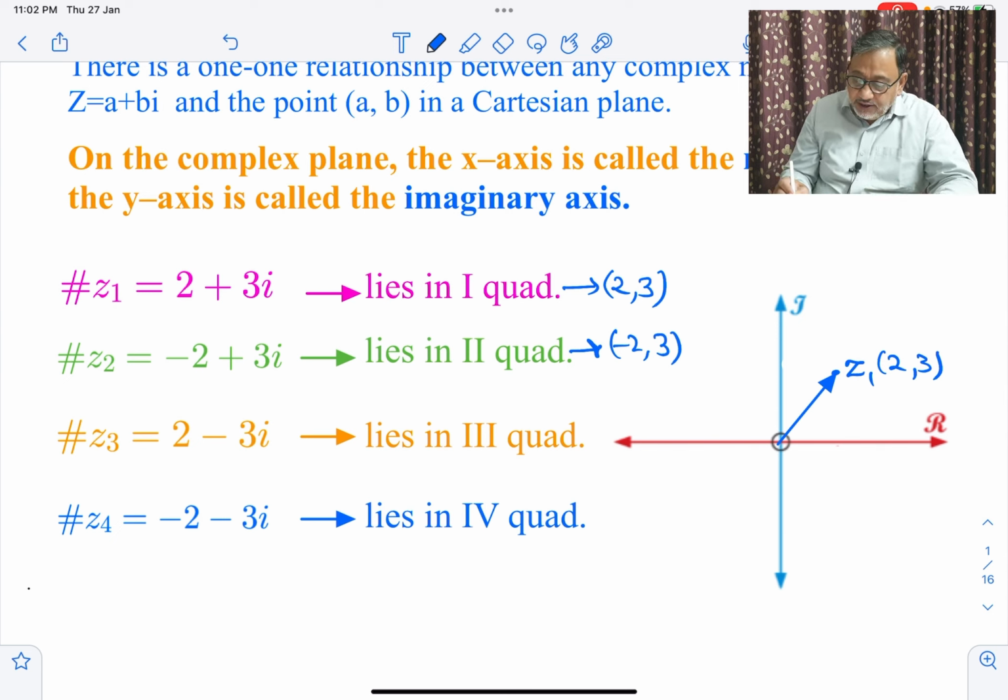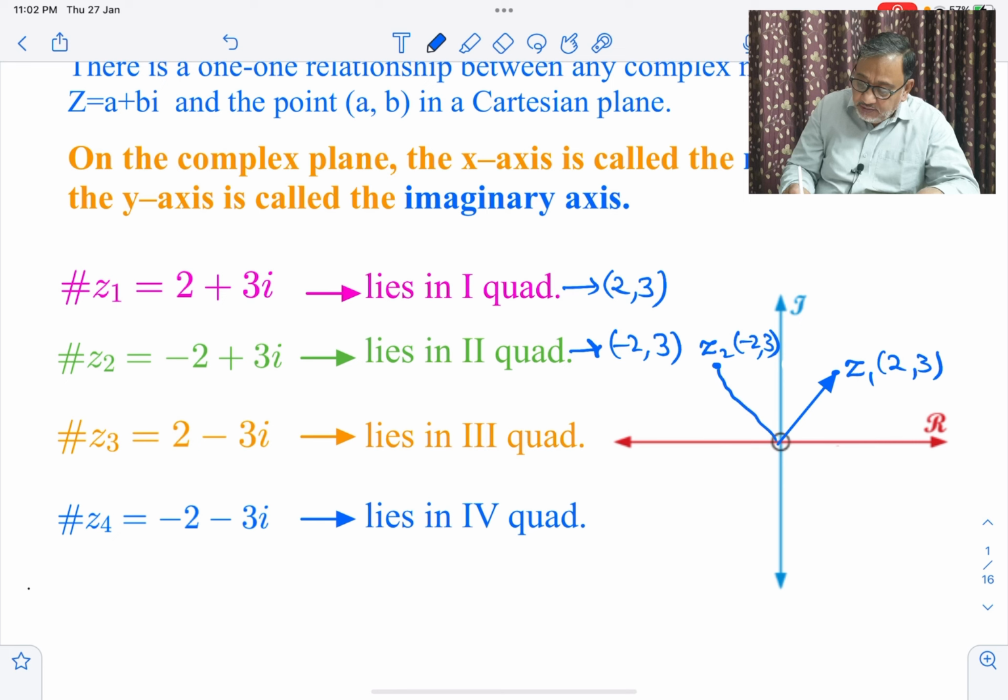According to the Cartesian coordinate system, (minus 2, 3) will be in the second quadrant, and suppose it is somewhere here, z2, which is (minus 2, 3). This will be represented by this arrow diagram. I'll tell you about this. What does this represent?